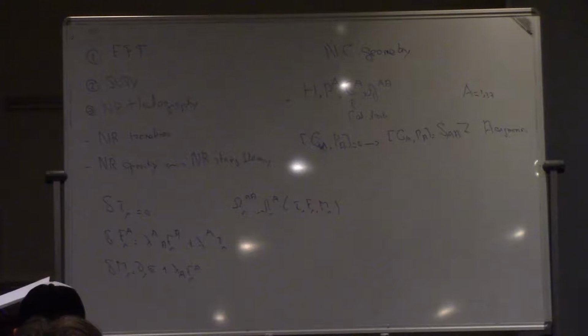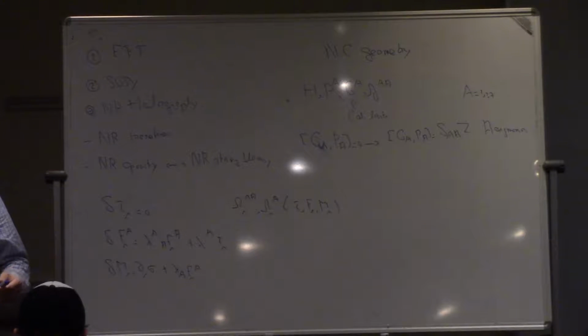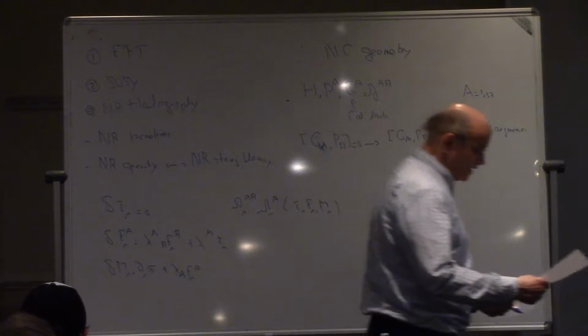But there is another thing which complicates life, and that is to write down an action, I need a metric. But unlike in relativity, where you have one non-degenerate metric for the whole space-time, there is no such thing in the non-relativistic case. Instead, we work with two degenerate metrics.